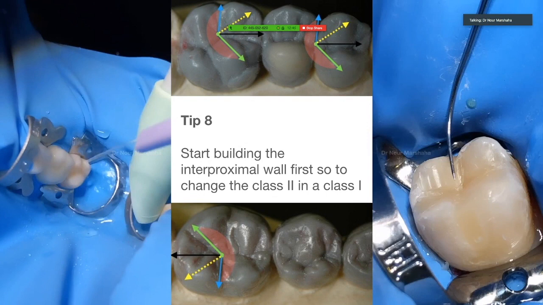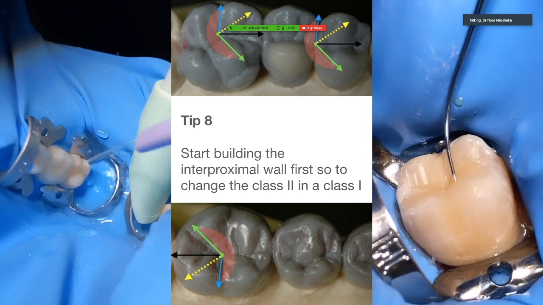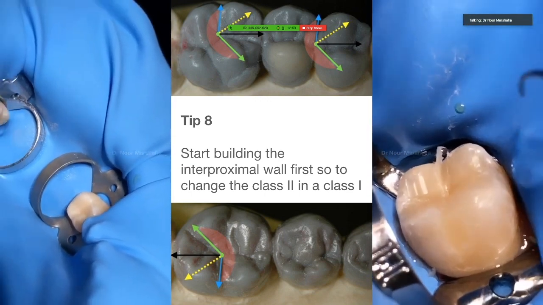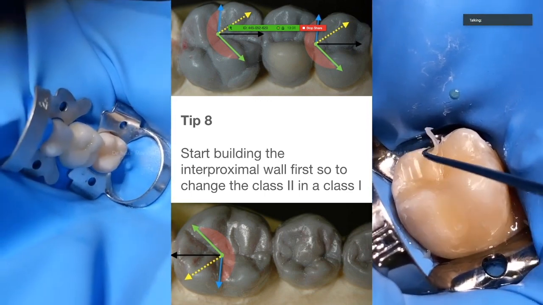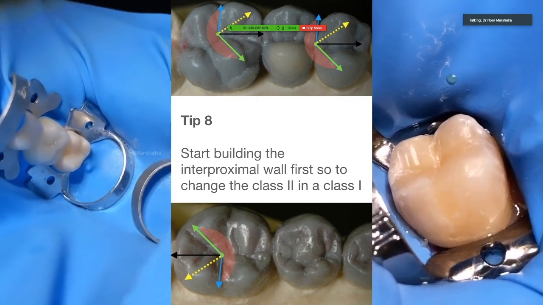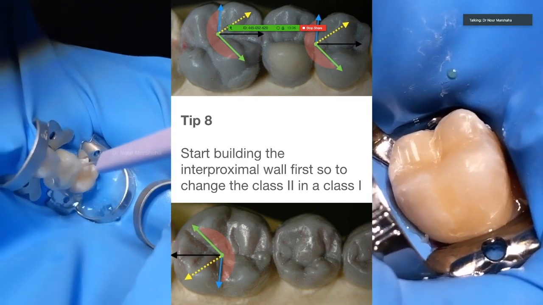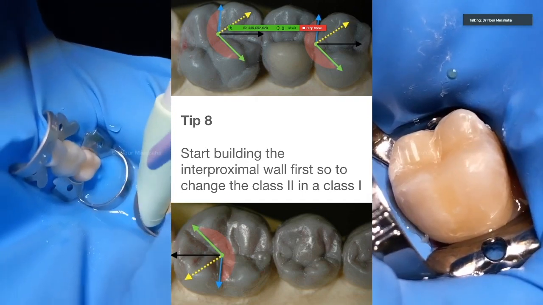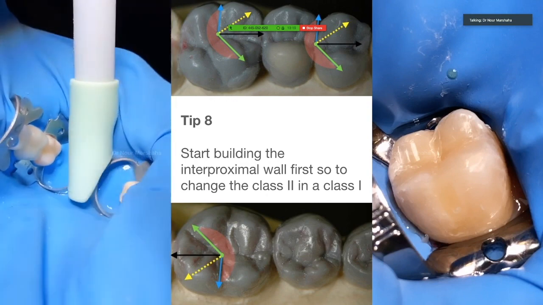And you can get it with each and every layering technique. So this is how you start building the interproximal wall first. To change between class 2 and class 1, even if it takes time, you will be happy while doing the bulk material for the posterior.